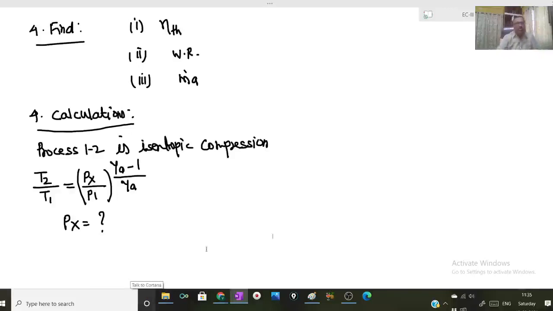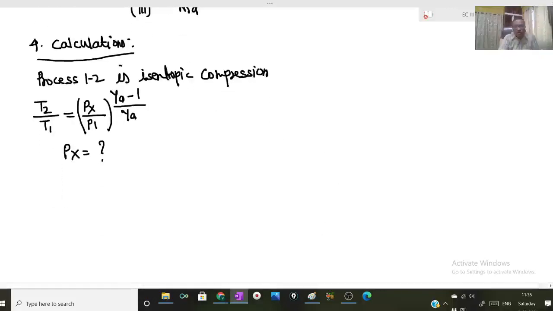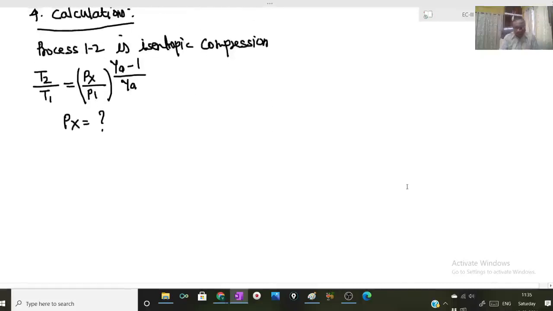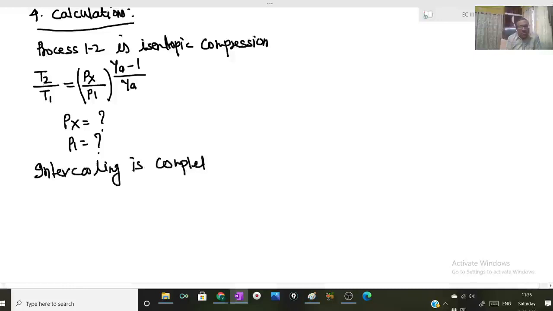I don't have the value of Px as well as I don't have the value of P1. So I don't have the value of this pressure ratio in the LPC stage and HPC stage. So what to do? Now I have been given intercooling is complete.